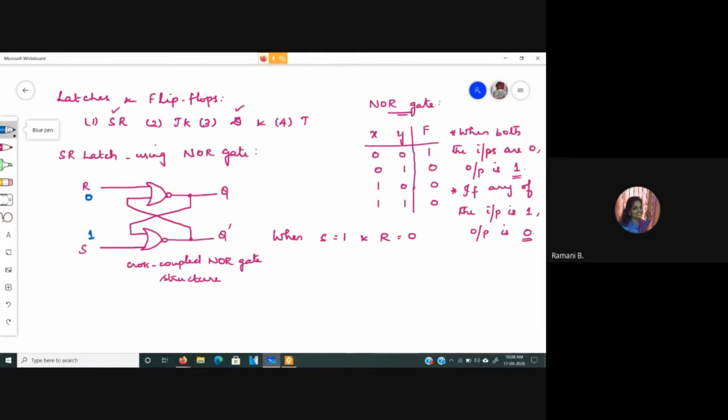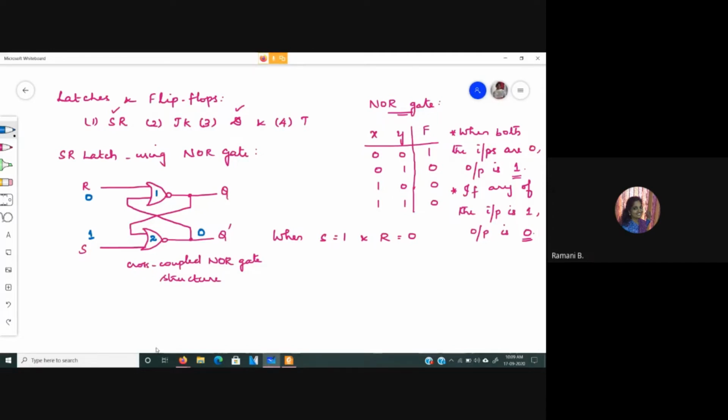Let me name these NOR gates 1 and 2 for our reference. Here S is equal to 1, so one of the inputs to the NOR gate is 1, and irrespective of the other input, my output value is going to be 0.